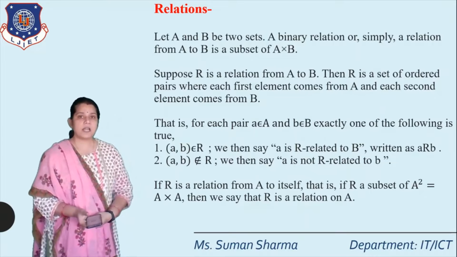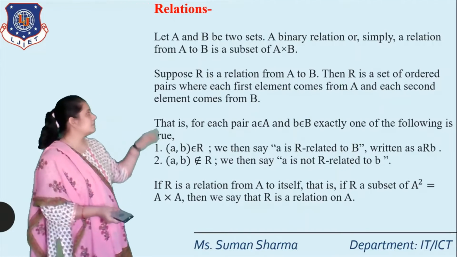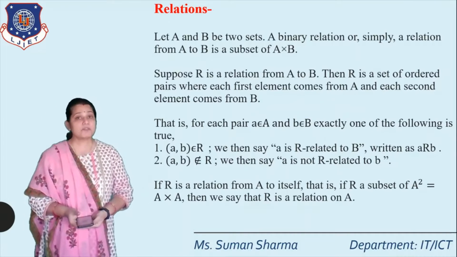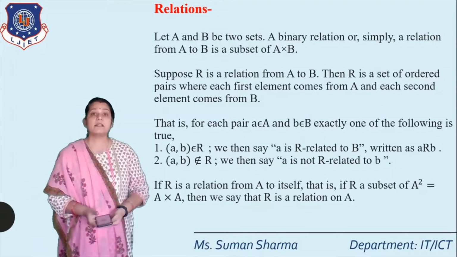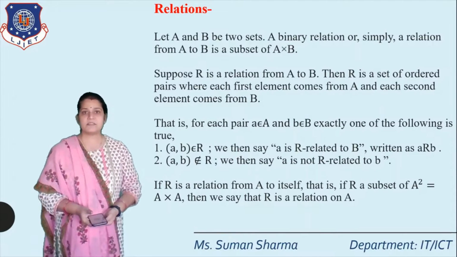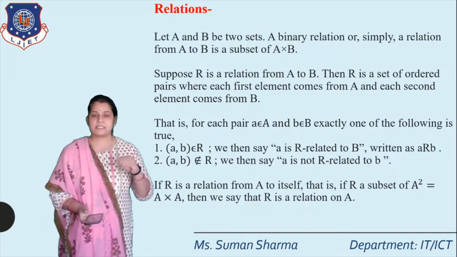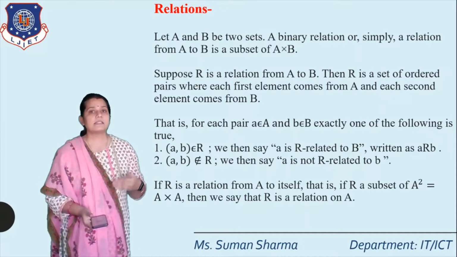So suppose R is a relation from A to B, then it is a set of ordered pairs where each first element comes from A and each second element comes from B. That means in the relation from A to B, the first element is from the set A and the second element is from the set B.